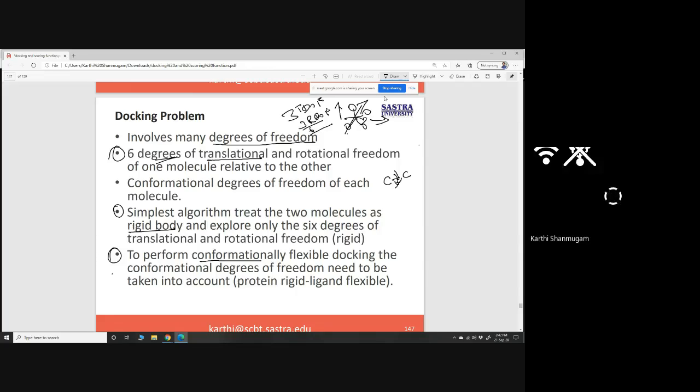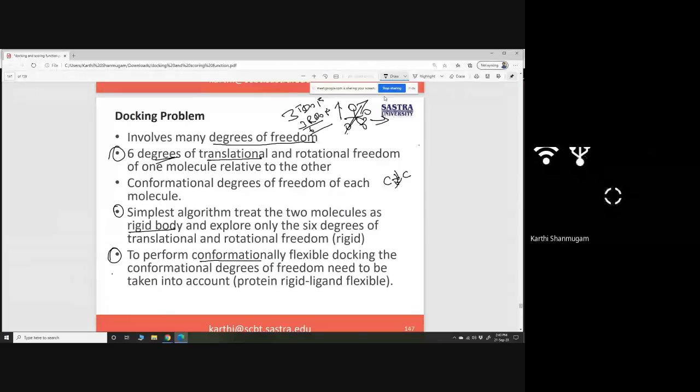As we know, the structure of drug targets is always very large compared to the structure of drug molecules. So we can to some extent manage the conformational flexibility of the ligand molecule, but we cannot give complete conformational flexibility to the protein molecule, because on average the drug target may be made up of 200 to 250 amino acids, right?